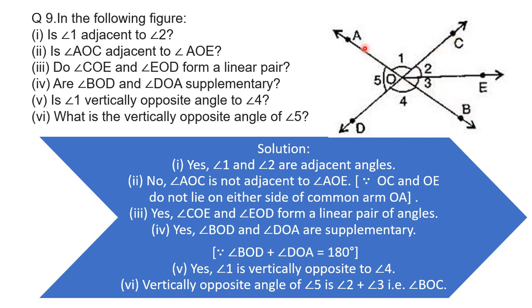So we can write angle AOD and angle COB are the pair of vertically opposite angles. So angle 5 and 2 plus 3, that is angle COB, or we can write BOC, are the pair of vertically opposite angles.